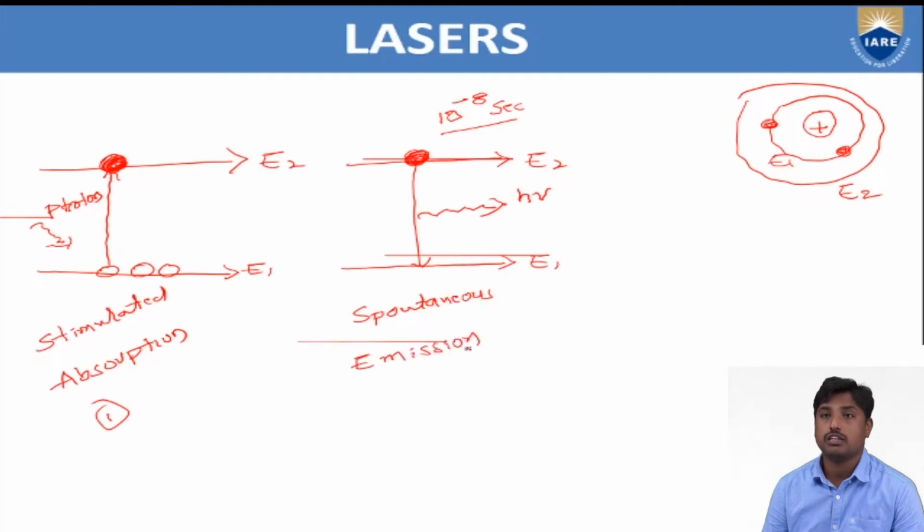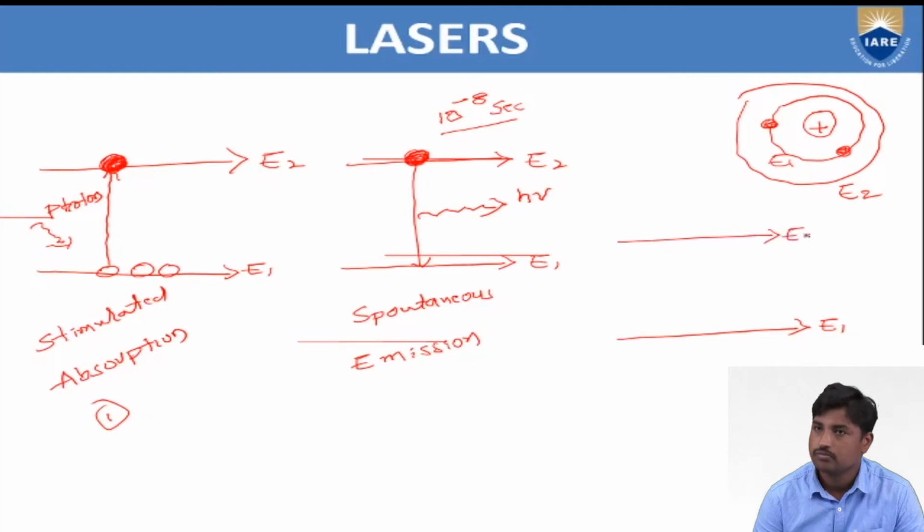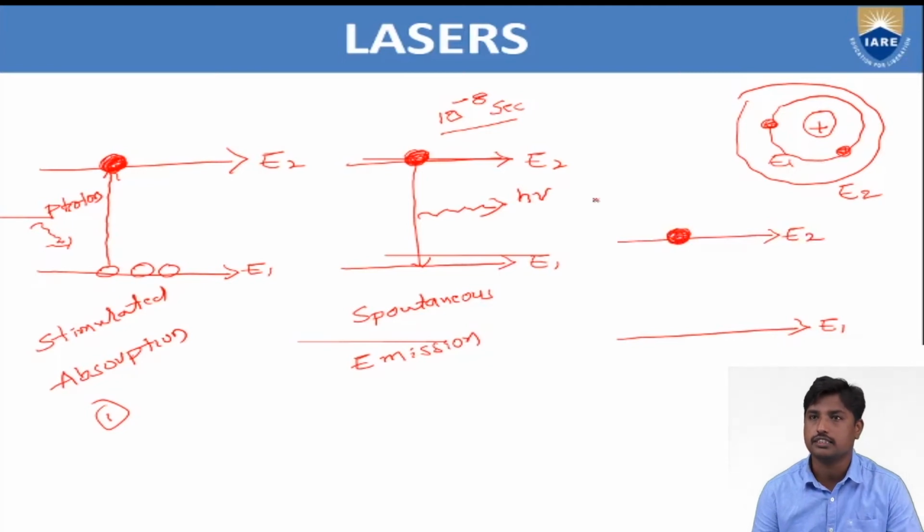One more emission process is there, that is stimulated emission. Coming to stimulated emission, same thing, I am taking two energy levels E1 and E2. Total atoms are in the excited state, so the electron is also in the excited state.